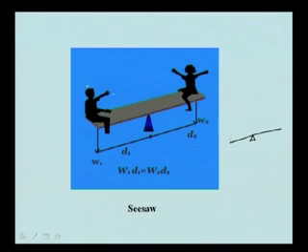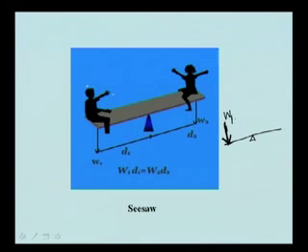Because the boy's weight is W1, he puts a force on the seesaw, and the seesaw puts a reaction on the boy. If we make a free body diagram of the seesaw, the boy is providing a force W1 on the seesaw.